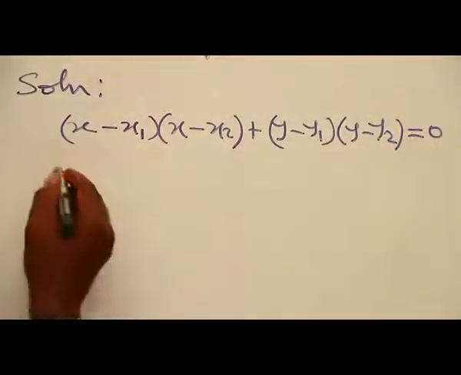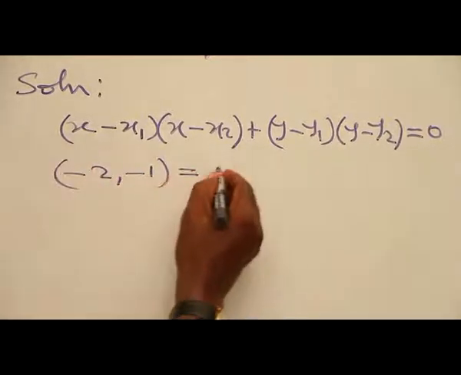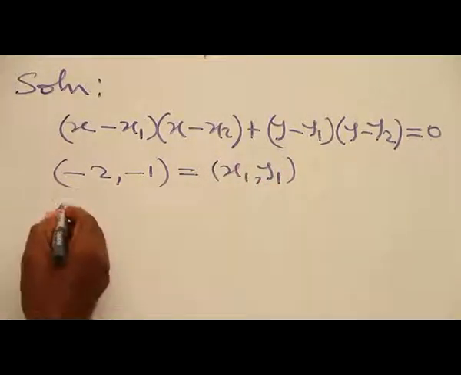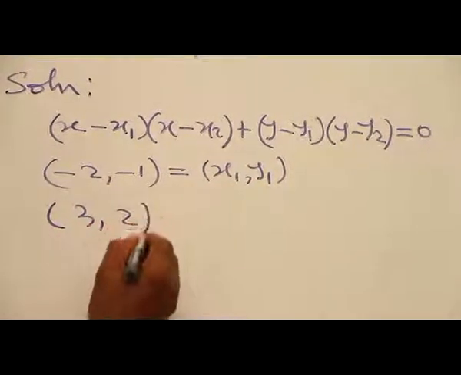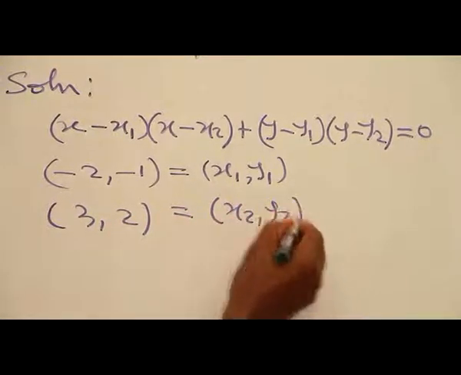If we take our (-2, -1) to be our (s1, y1), we will also take our (3, 2) to be our (s2, y2).